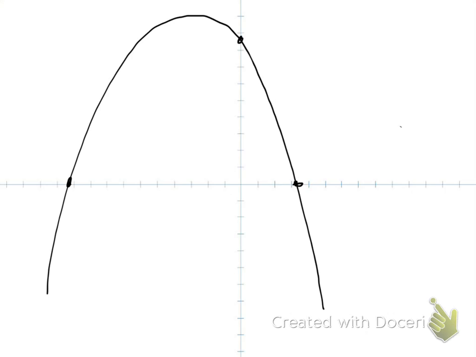Y-intercept, and vertex, and axis of symmetry. Those are the parts when you're graphing that you always want to make sure that you identify. How you identify them is really up to you, in my opinion, because whether or not you have a calculator is going to affect how you go about solving it.